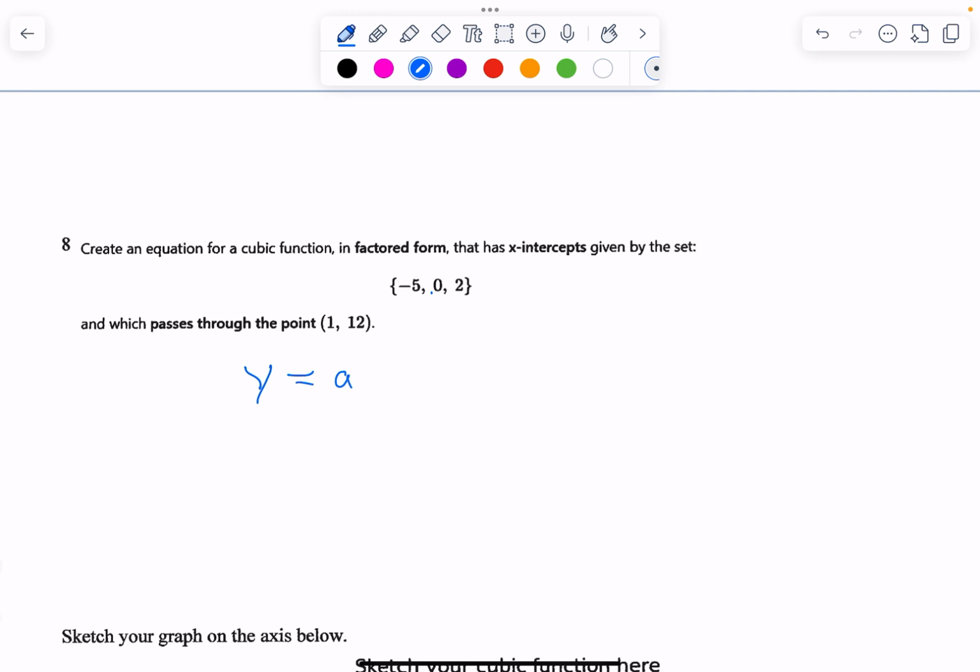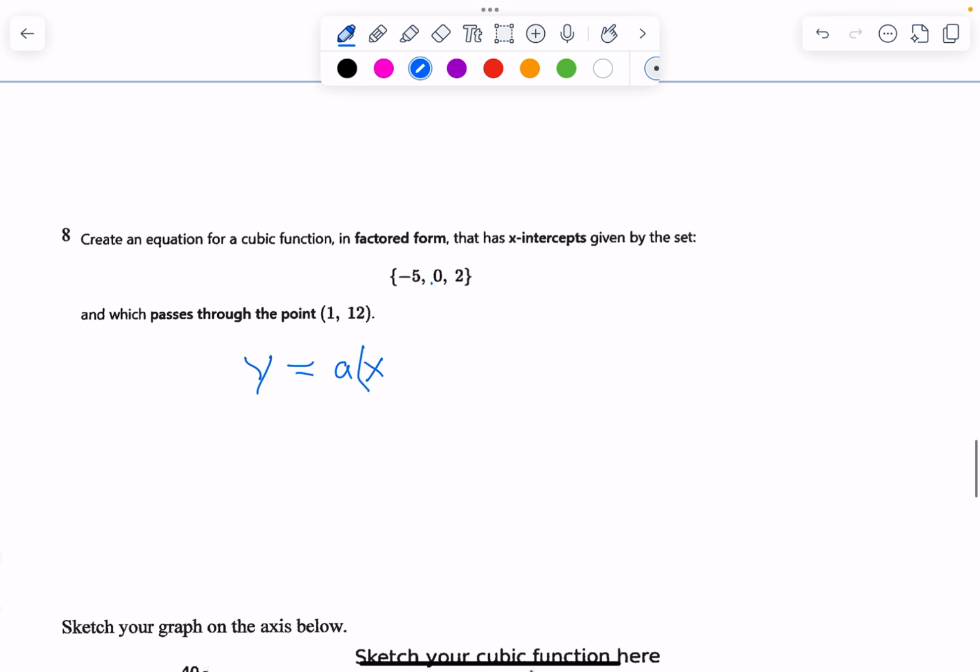A times x times x plus 5, x minus 2. All right. So let's put this here. Y is, I did it, yeah. So we're going to put in x and y, right?